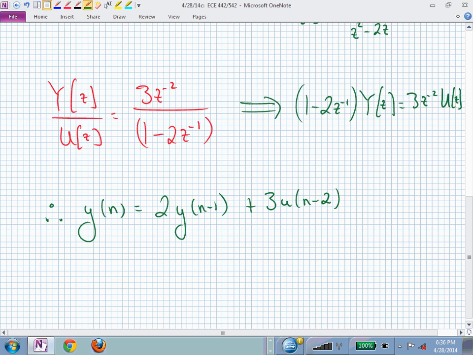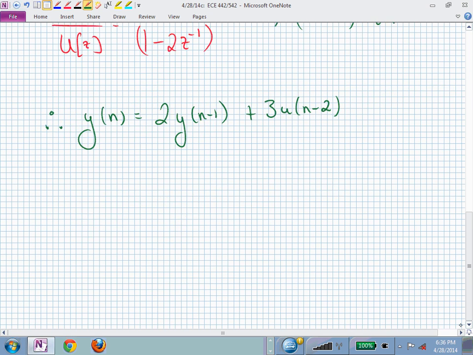So that's now our linear, time invariant, time domain representation of that system. Do you see the block diagram for that? You need to by the final.